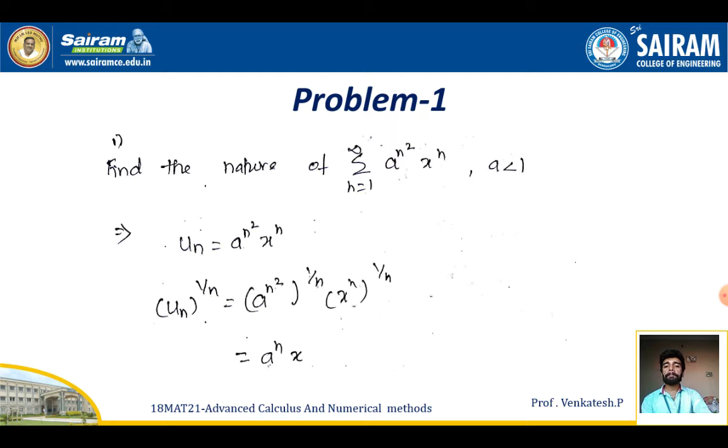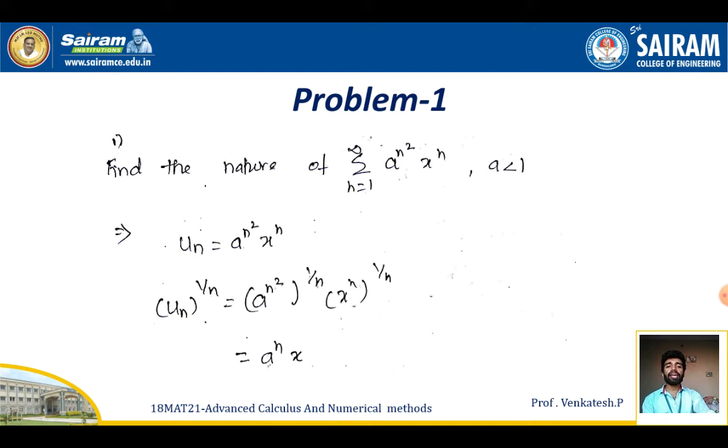The first problem: find the nature of summation n from 1 to infinity a power n square x power n, where a is less than 1. Here they do not mention which test we have to apply, so by seeing the function only we have to decide which test to use.